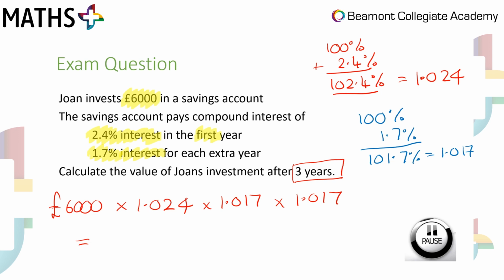Again, be really careful putting that into your calculator. So we've got £6,354.67p. Again, I've ignored everything after the 7.